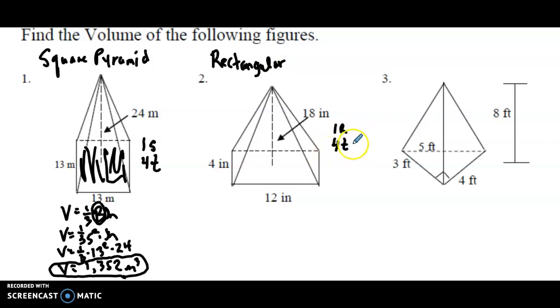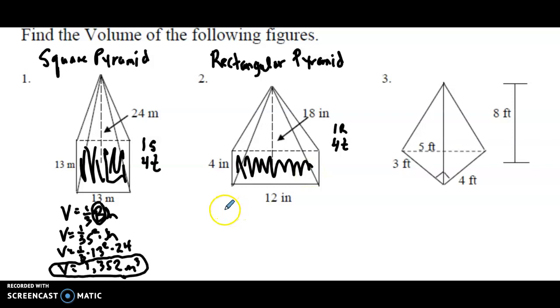And the shape with more than 2 is going to be telling you if it's a prism or a pyramid. Since it's triangles, it will be a pyramid. Again, my base is the one with 1. It's going to be the rectangle.